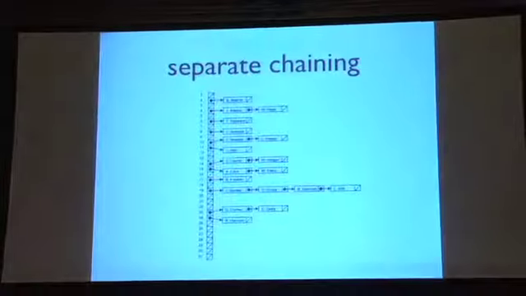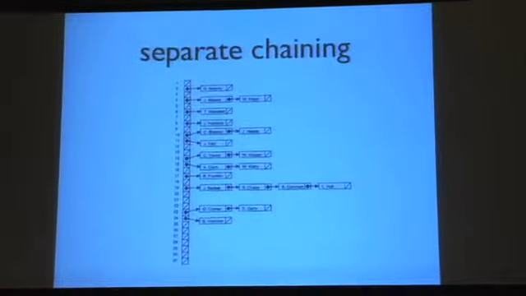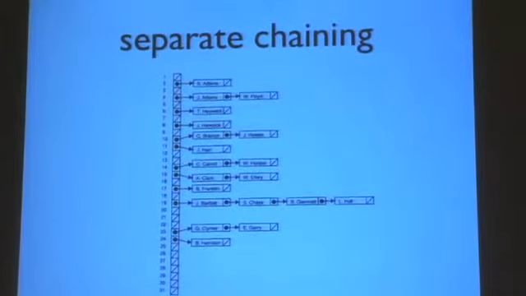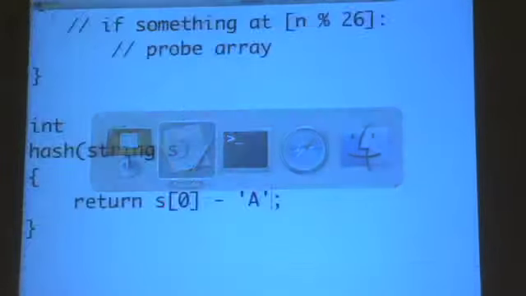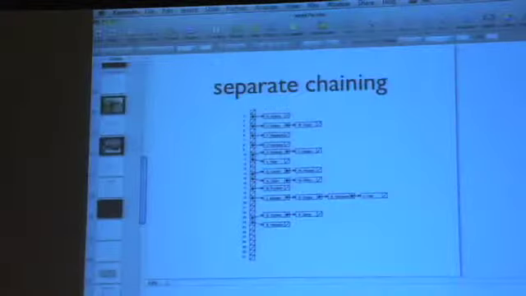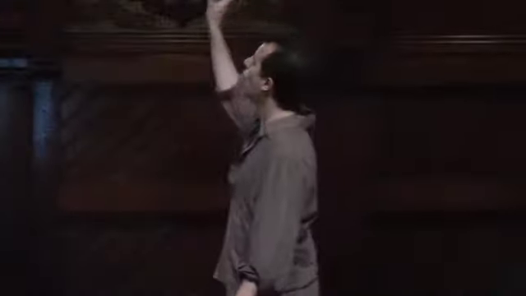And so with separate chaining, we still get not theoretically better running time, but we get much better distribution of our values. If we've got n elements, just to put some formulas on this, if we've got n people that we're trying to put into this data structure, and suppose that the distribution of birthdays is uniform over 31 days, well, how long is each of these chains going to be?